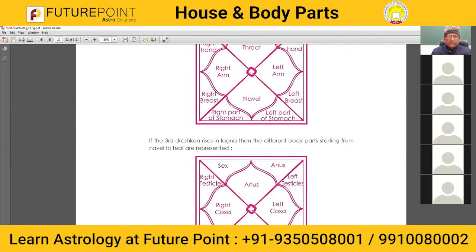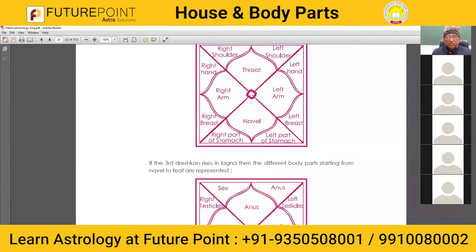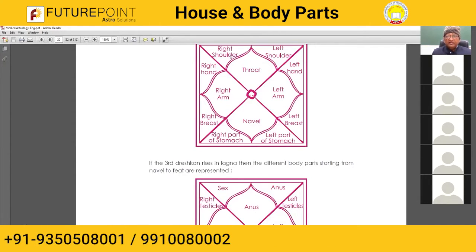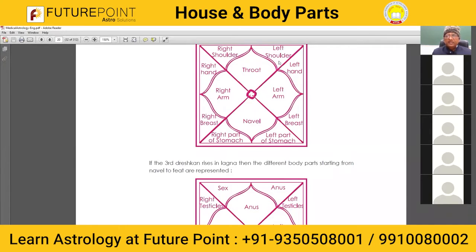So this is what we consider as per the houses. The first picture that I showed you was for the signs. So sign representation and house representation are different. It is not that the first house is head and the second house is this and then this is feet. House representation is like this, the person standing behind the horoscope.